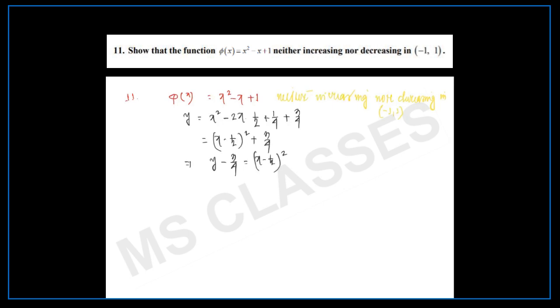When you represent this in graph, this is origin, this is y prime, x prime, x. Now here is the upward parabola whose vertex is at the point half comma 3 by 4. So the graph looks like this.